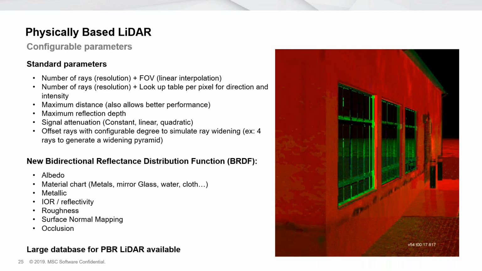And a last feature that you probably want to configure is an offset around this ray, because let's imagine you have a ray which hits an object which is 100 meters away. You will not meet this object with a single point in real life. It will probably be a cone.